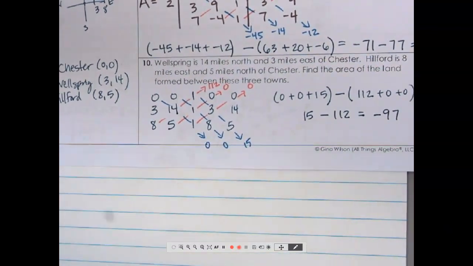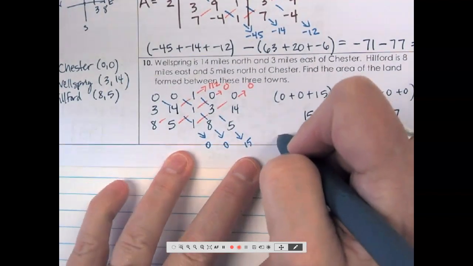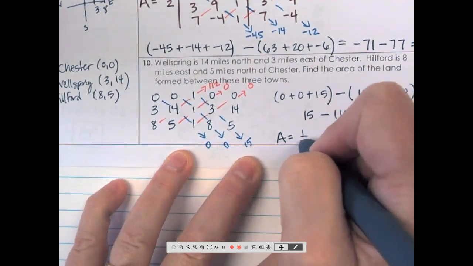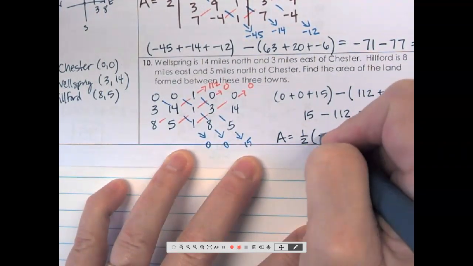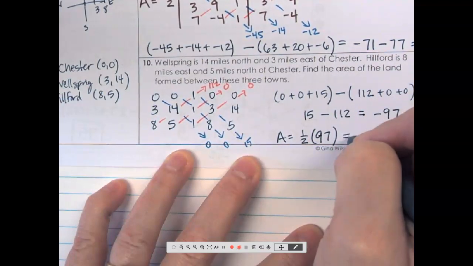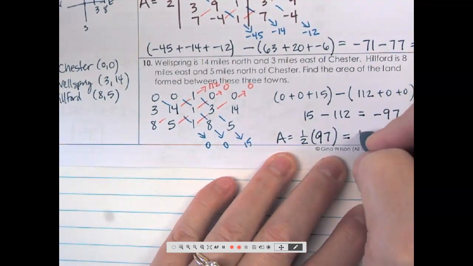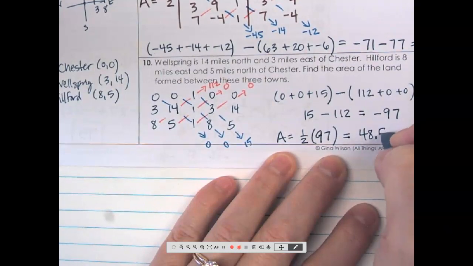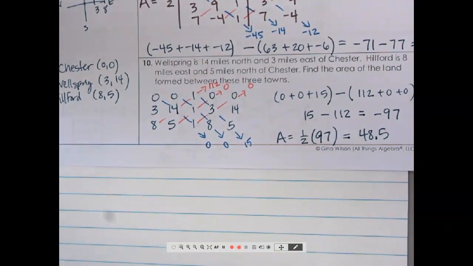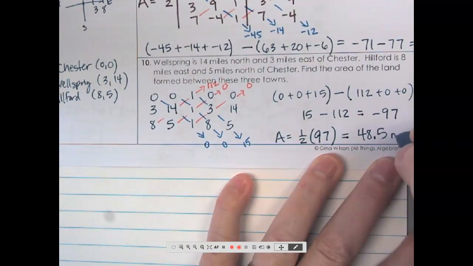Got a negative again, so we're just going to make it positive. And the area will be 1/2 times 97, which is 48.5. Now we did have units here. This was given in miles, so that will be square miles.